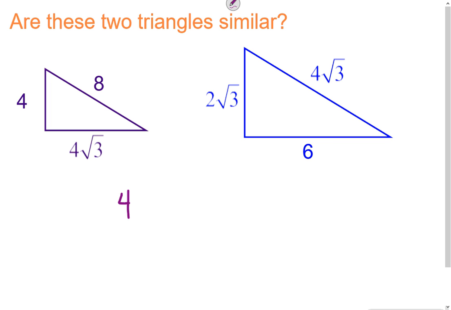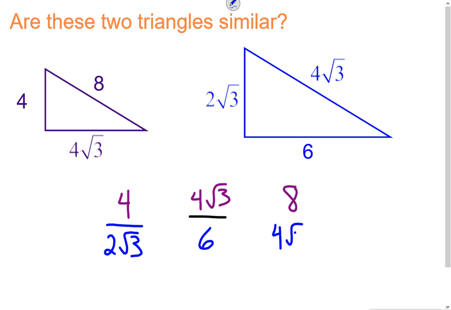I'm going to match that up with the short side over here, which is the 2√3. Then I'm going to go to my medium side for both triangles. That's going to be the 4√3, and then that will be the 6 on this one. And then we'll go to our long side, which is 8 and 4√3.